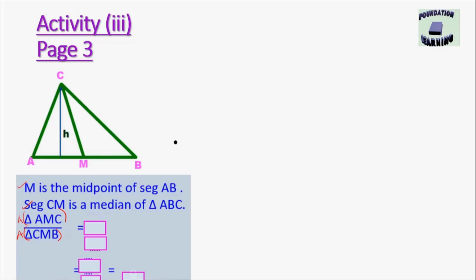This is the question. So let's try to understand what is given in the question. The first is CM is the median. Median means from the vertex to the midpoint of the opposite side. Now CM is the median.